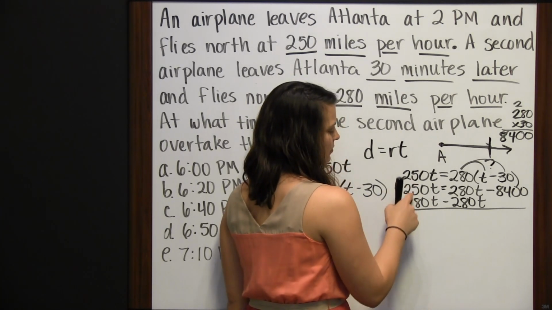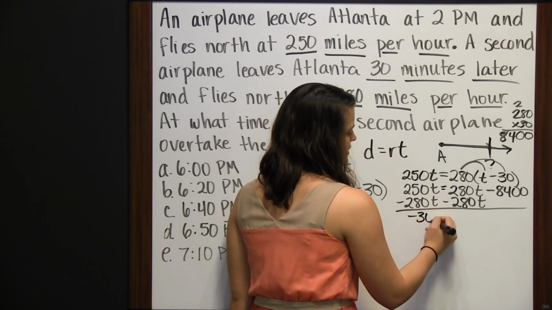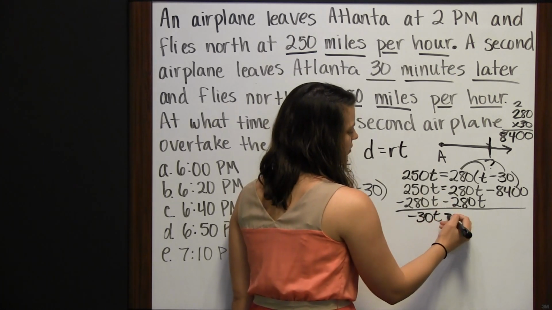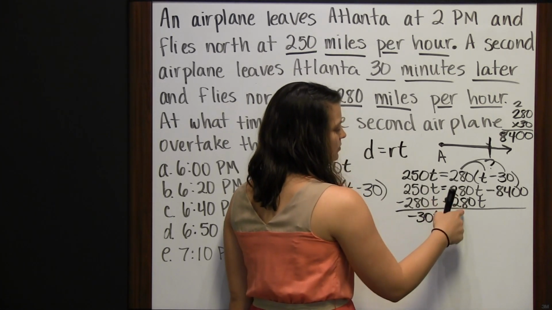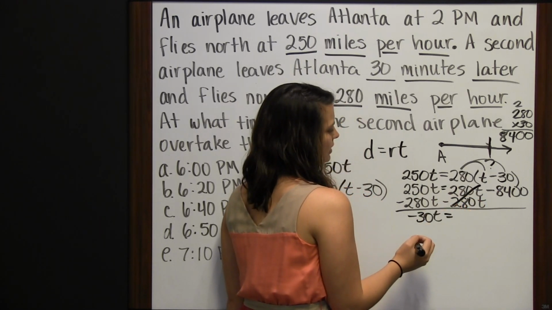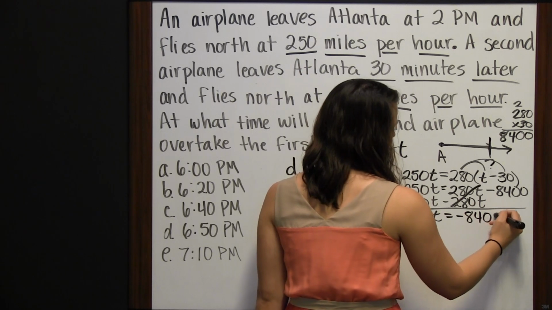And the difference between 280t and 250t is 30t. So negative 30t equals, and by subtracting this 280t, I've actually canceled that term on the right side, and I'm left with negative 8,400.